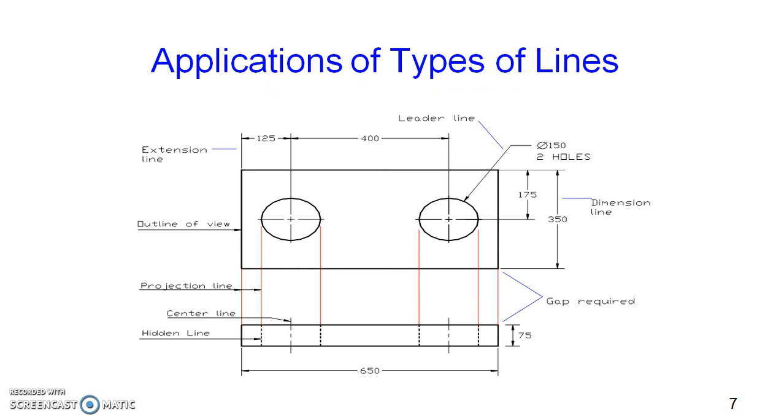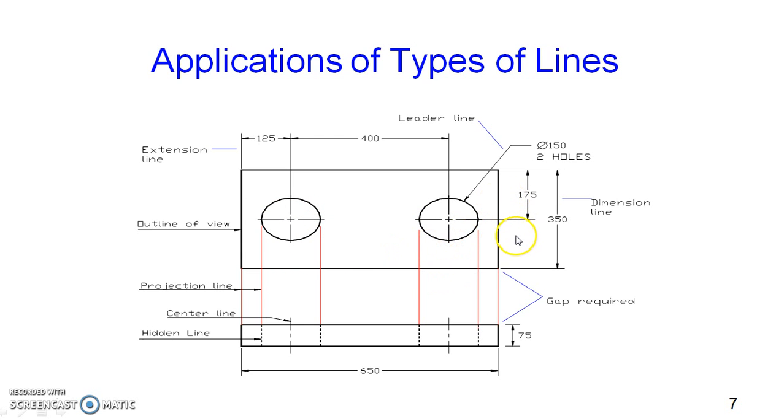Now this slide shows the uses of these different types of lines, how they are used in the technical drawing or in the engineering drawing. So here you can see these are the outlines. Even for circular projections of the hole, we can use these continuous thick lines.